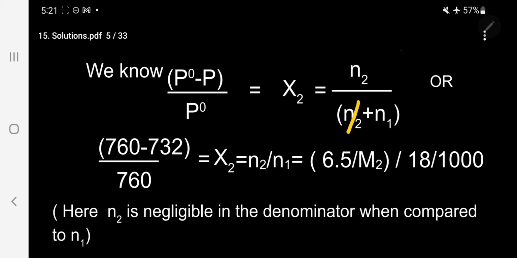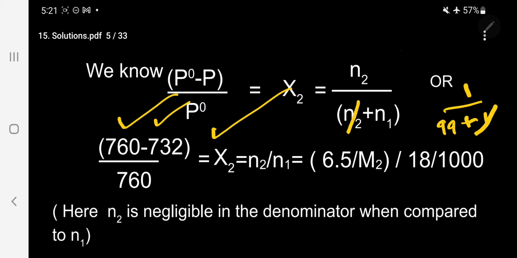For example, 1 by 99 plus 1. In that case, the 1 can be neglected. So 1 by 100 or 1 by 99 is almost the same. So the solute can be neglected. That's why, for simplicity, 760 minus 732, where 732 is given as the vapor pressure of solution, is equal to the mole fraction, X2, which we calculate as n2 by n1.